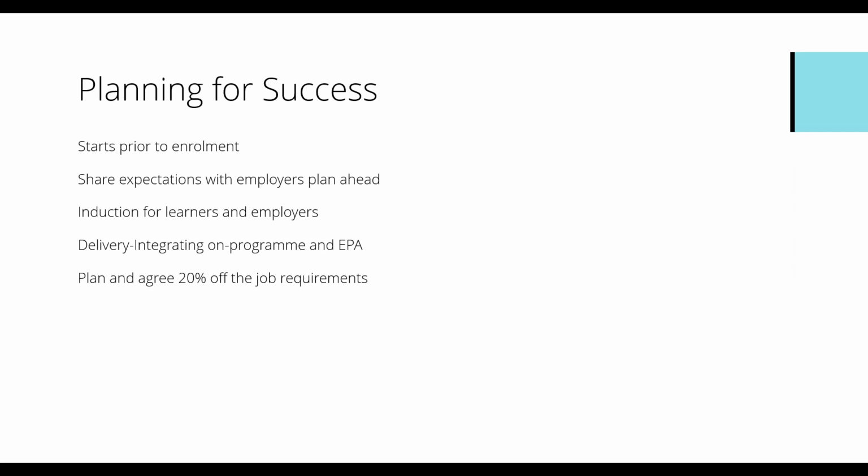Now, within the individual learning plan and commitment statements, share your expectations with employers. So employers are brought into the learning journey right from day one. As a training provider, what would you be expecting the apprentice to develop on? How will employers support that development?